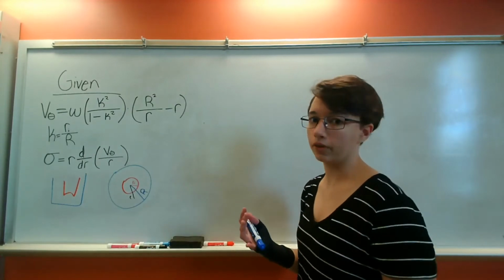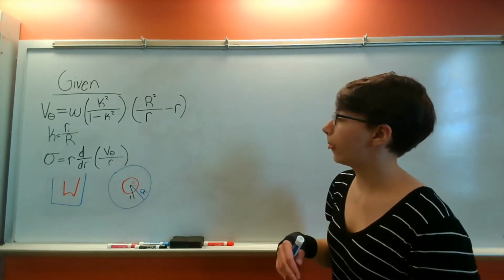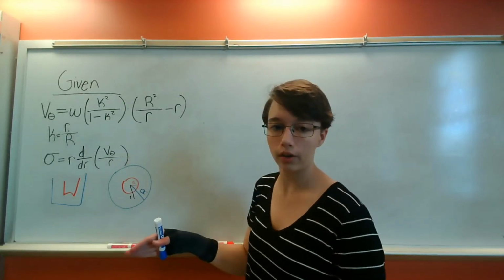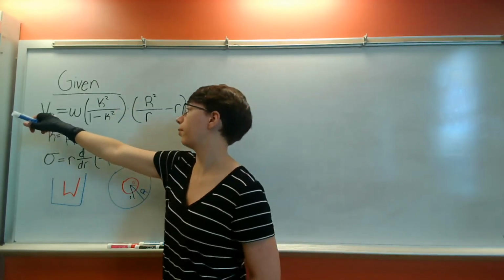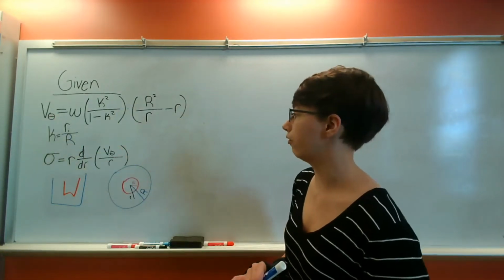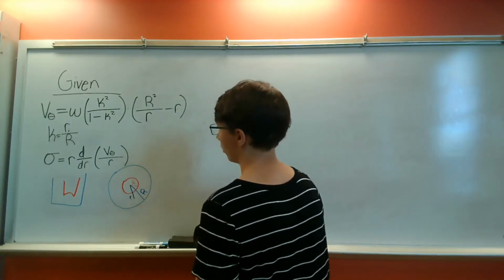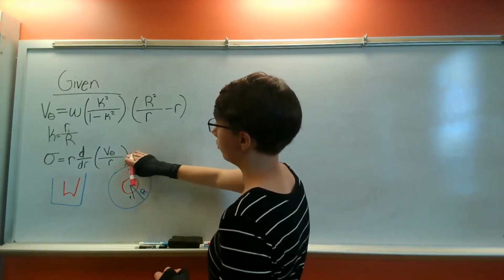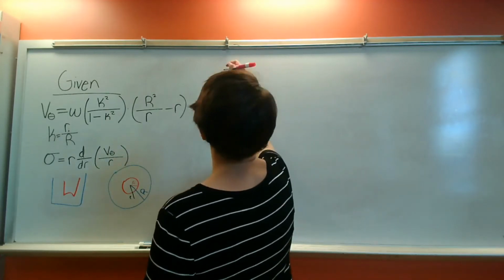So the next thing we're going to look at is the shear rate that we were given. So this is just general shear rate in cylindrical coordinates, and we need to adapt to this situation by plugging in our velocity profile. So first thing we need to do is divide the velocity profile by r.